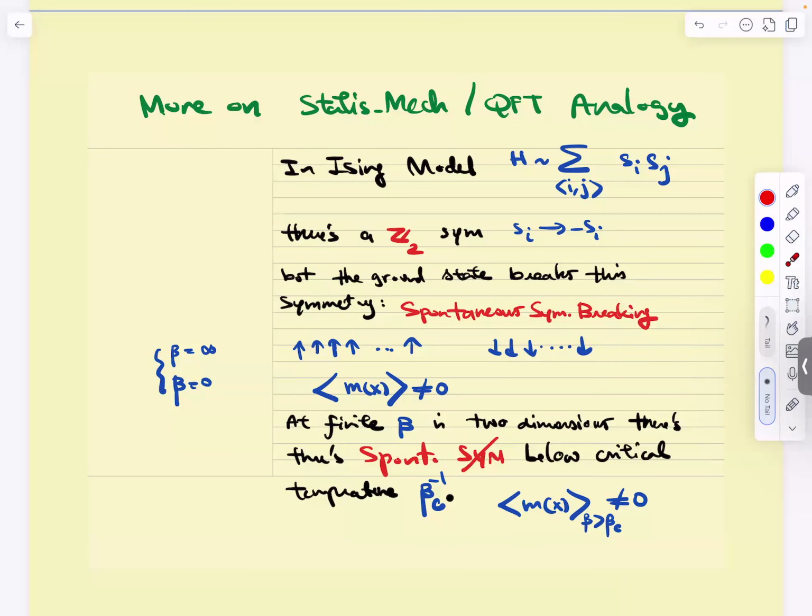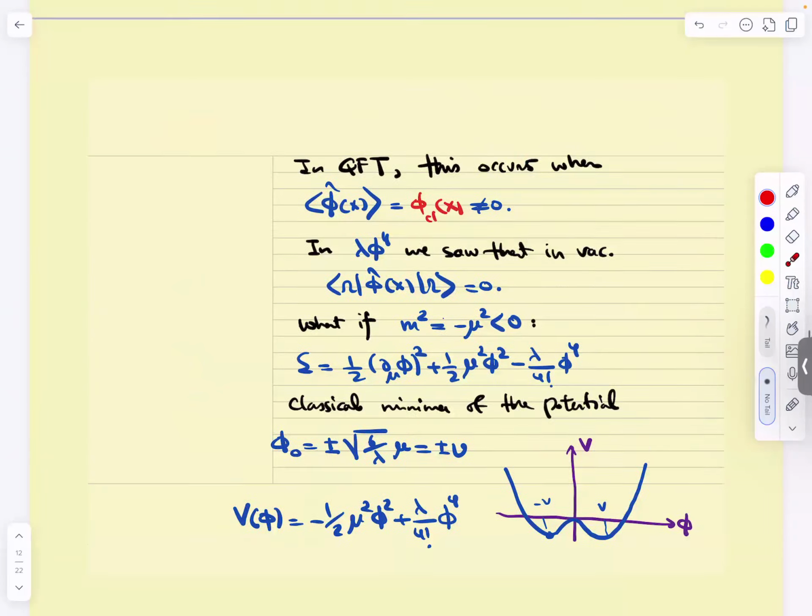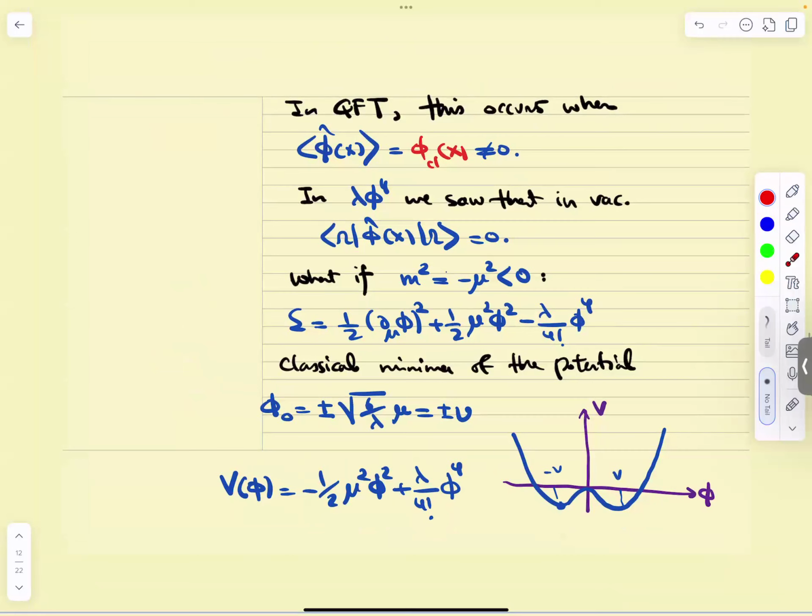It is what you use in classical Landau's theory of phase transitions. I don't know if you guys ever learned this, but it's an order parameter. You tell which side of the phase transition you are on based on the expectation value of the order parameter. Okay, in quantum field theory, this can also occur. There's also a Z2 symmetry in these QFTs we've been talking about.